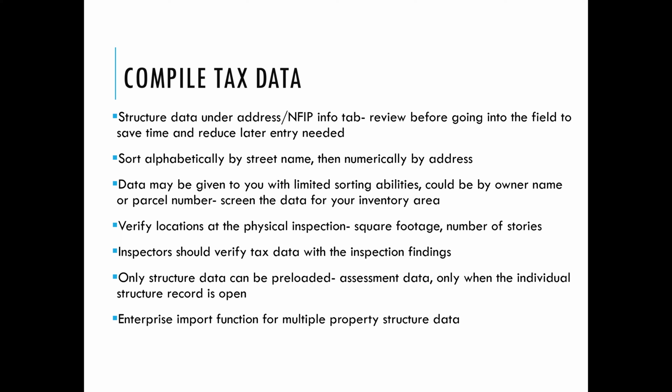When you have your property inventory, you can put in that information, how many stories it has, what the square footage is, and then the assessment data would be collected in the field. When that individual structure record is open, that's when you can enter the assessment data. And as I mentioned, there's an enterprise import function for multiple property structure data.